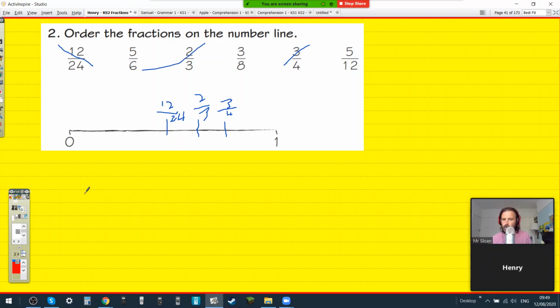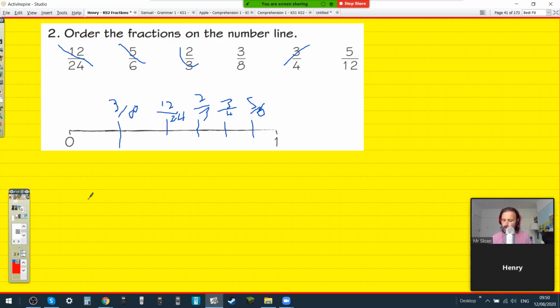Okay, and then 5/6 would go about here. And then 3/8 would go roughly about here, maybe.